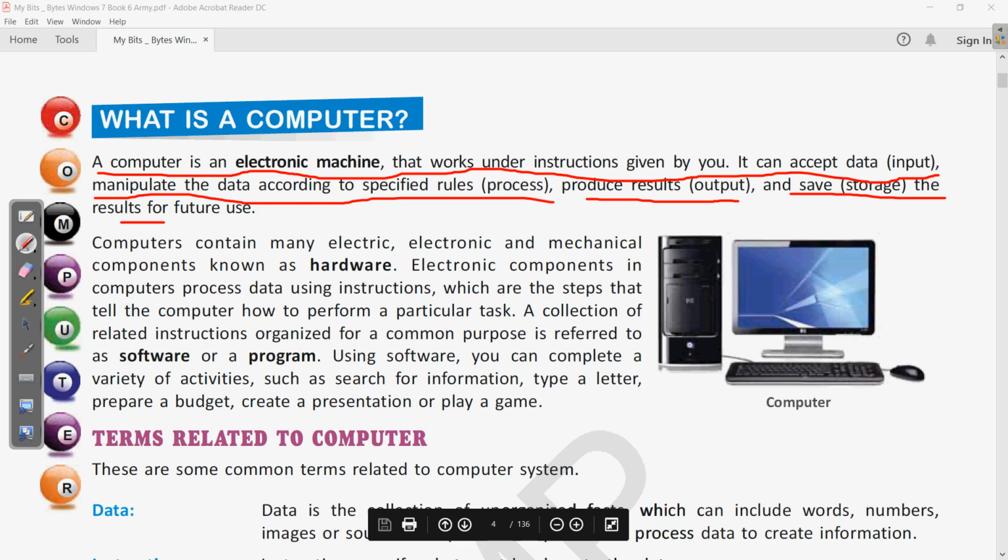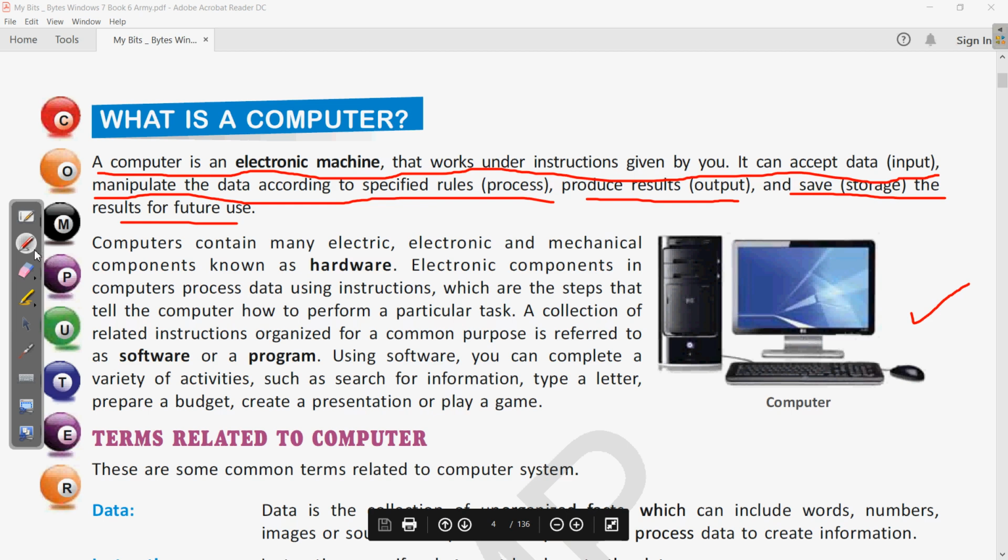So these are the 3 or 4 components: input, process, output and storage. And the definition is: a computer is an electronic machine that works under the instructions given by you. Clear? You can also make a diagram for this question on the blank side of the page. I hope this is easy and you can easily do this.